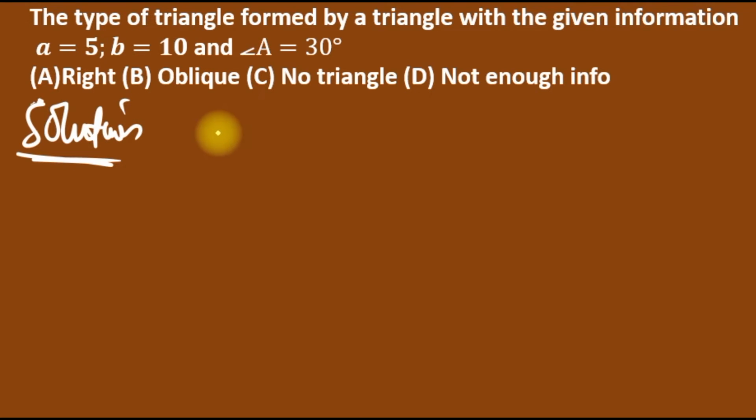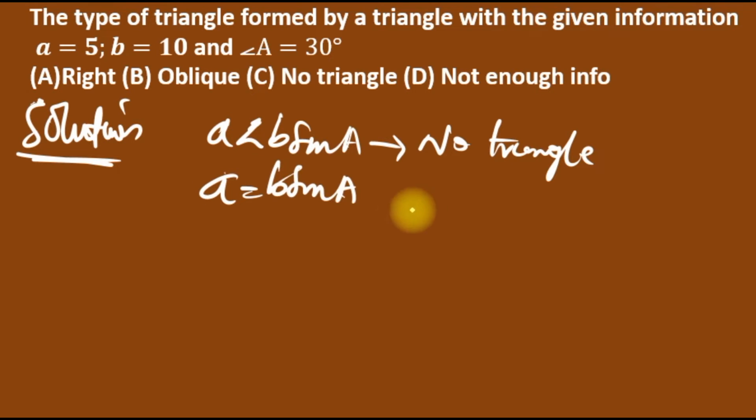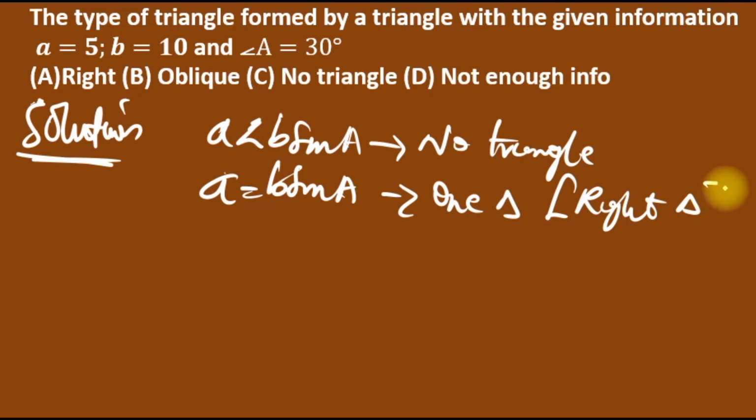So I told you if a is less than b sine A, no triangle is formed. And if a is equal to b sine A, one triangle, and in this case it must be a right triangle.